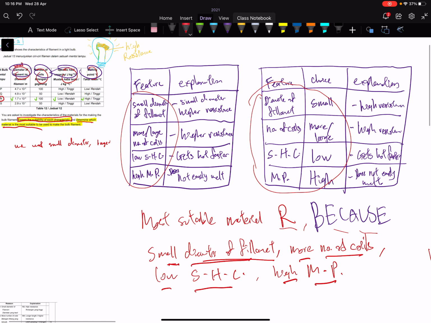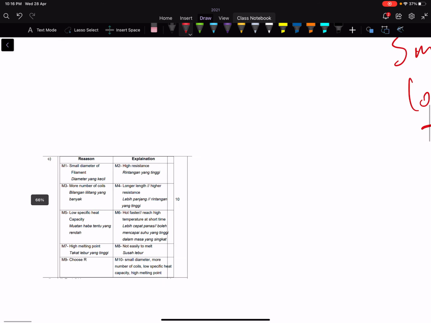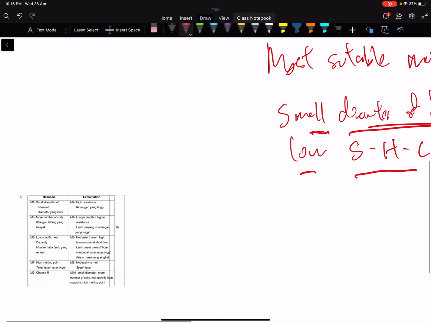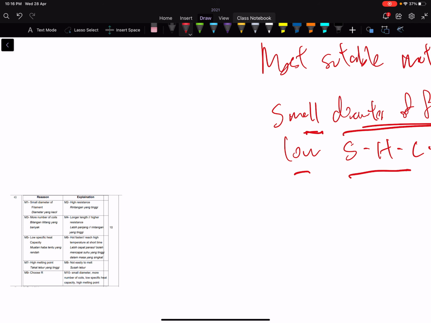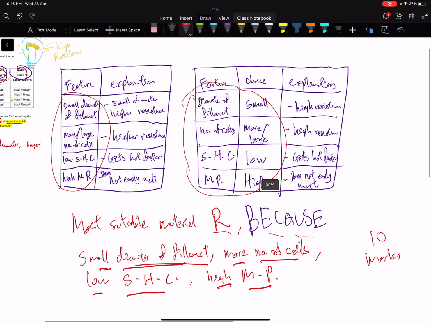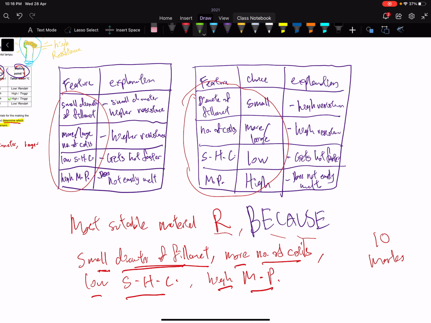Let me actually show you what the marking scheme looks like. We also get in a table, so it's easier to think that if you answer in a table, it's easier for us to mark, right? So the answer is like this. Let me show you how much mark this would get, for example.